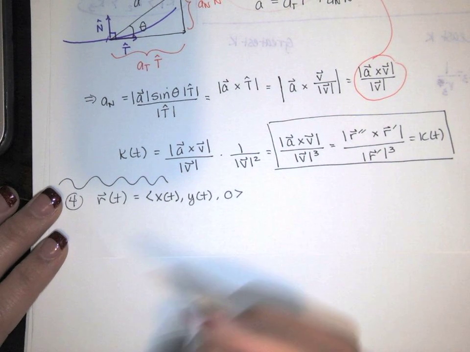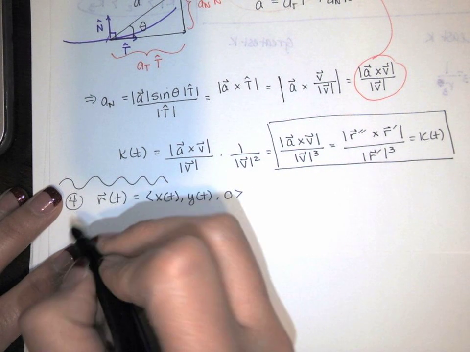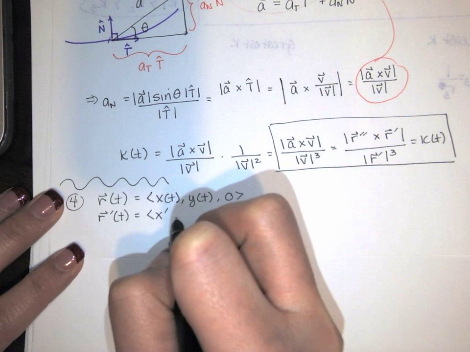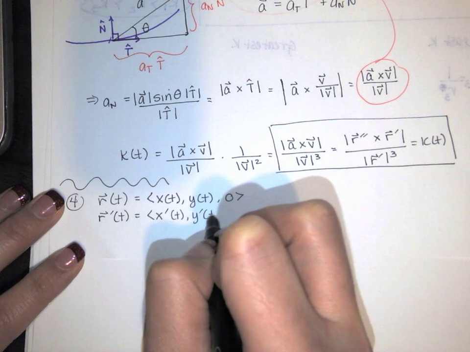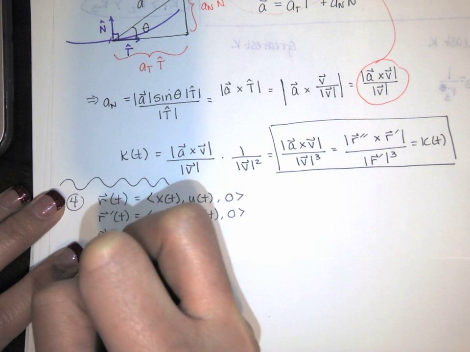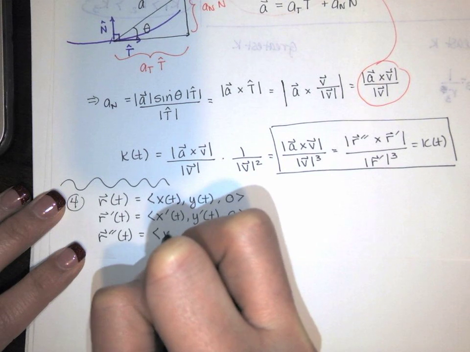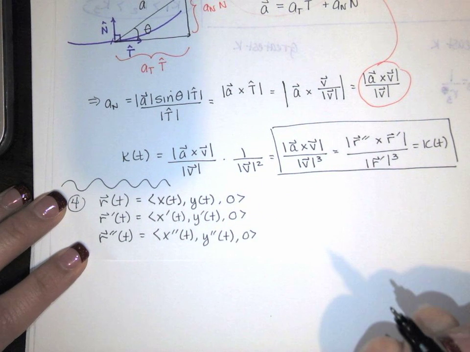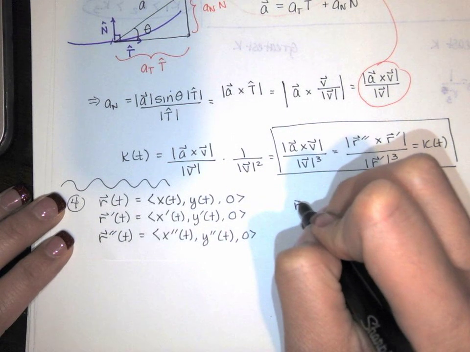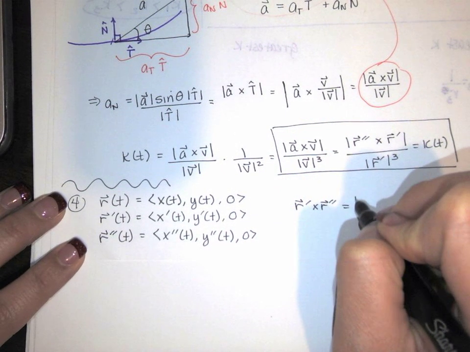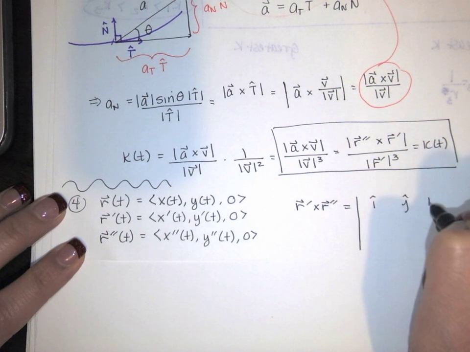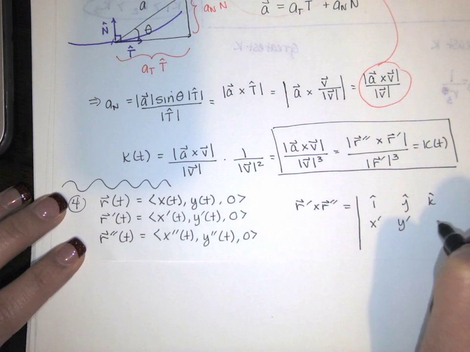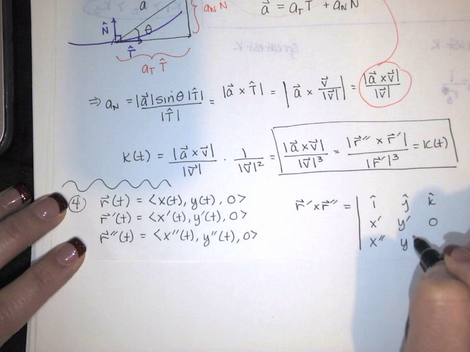According to this formula, if I want to find the curvature, first I find r prime. Then I find r double prime. And then I take their cross product. So I've got x prime, y prime, 0, and x double prime, y double prime, 0.